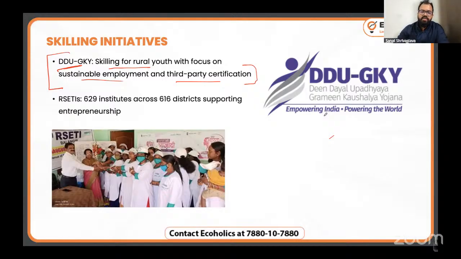Now, this is the scheme which is centrally sponsored scheme or central sector scheme. Two types of schemes are there. As far as I remember, I'm not sure if this is centrally sponsored scheme or central sector scheme. Centrally sponsored schemes are funds given by center implemented by states.